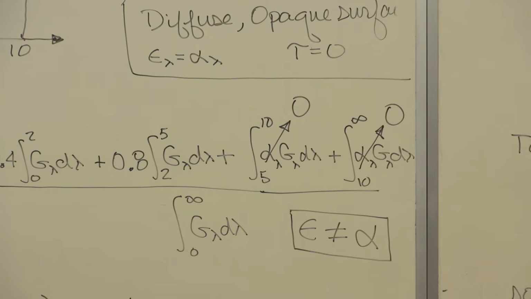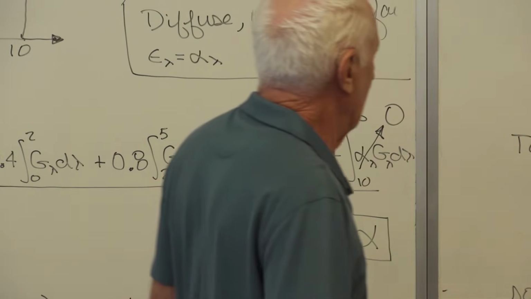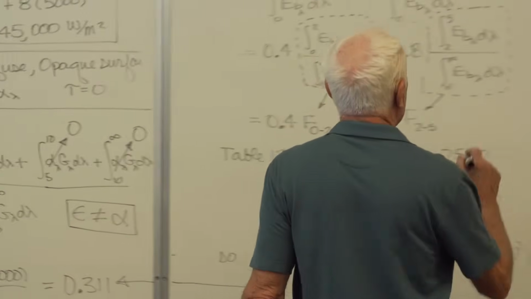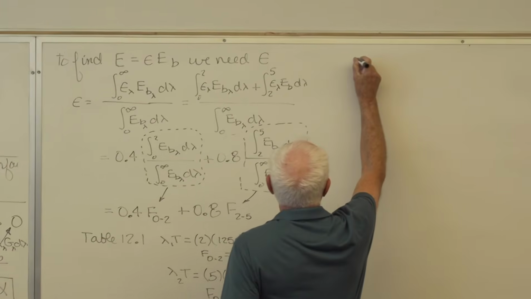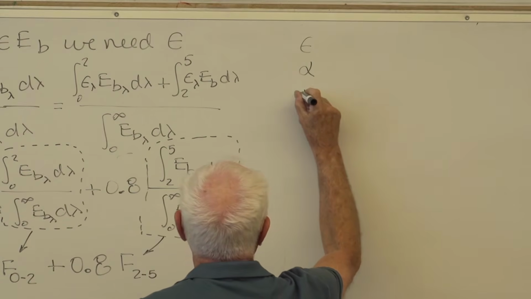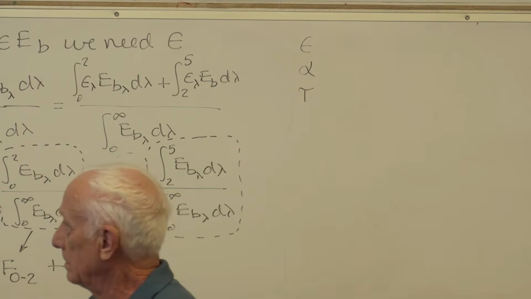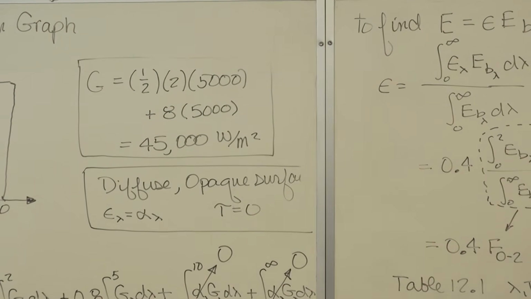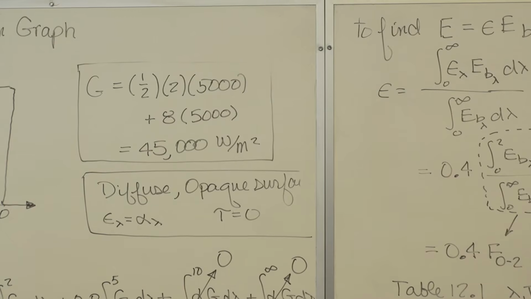But I'm going to carry it further. So let's put down what we've got here so far. We've got epsilon, okay. We've got alpha, okay. We've got tau. He told me, opaque surface, tau is 0. Got it. One more property, rho.